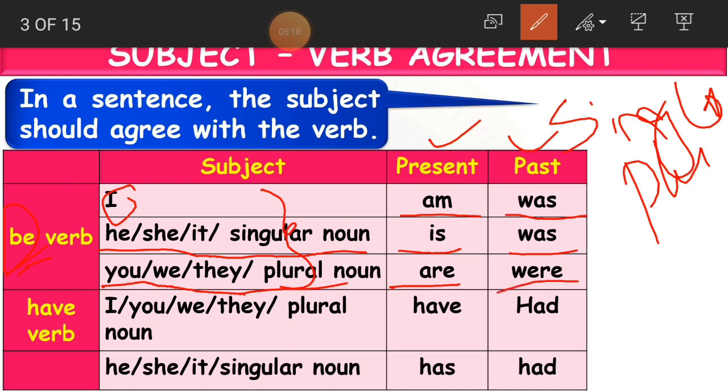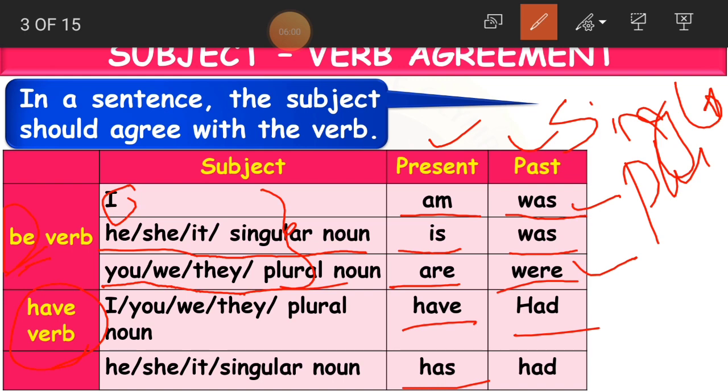So the be verb becomes am, is, are according to the subject in the present tense, and was, were in the past tense, for the same subjects, I, he, she, it, according to the pronoun. Again, if you take the have verb, then the verb forms for have are have, has, had.